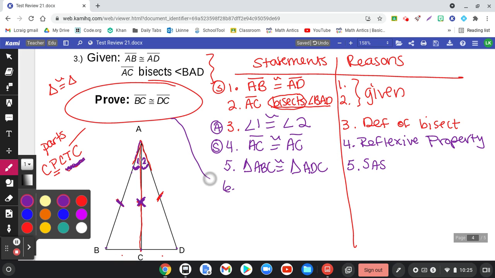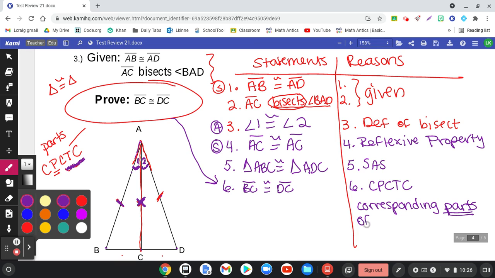More specifically, BC is congruent to DC. And the reason, CPCTC, which stands for corresponding parts, because that's what we're proving, parts of congruent triangles are congruent. And again, we had to prove the triangles were congruent first before we could use that.